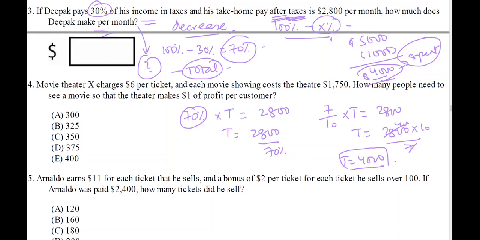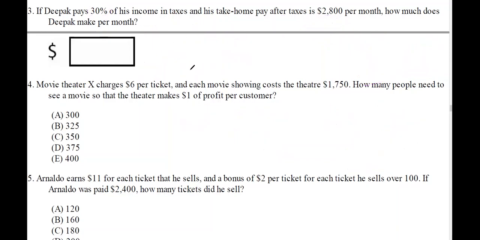Yes. Is it 350? Okay, and how did you solve this? Since they want to make $1 profit off of each customer, I divided 1,750 by 5.